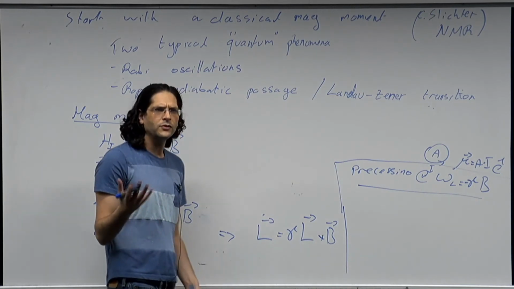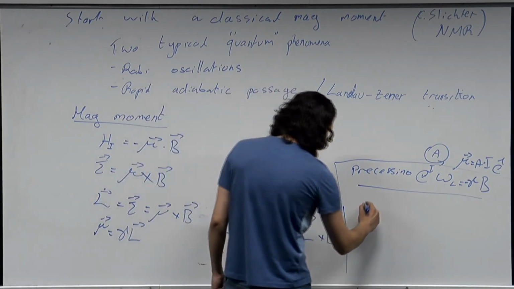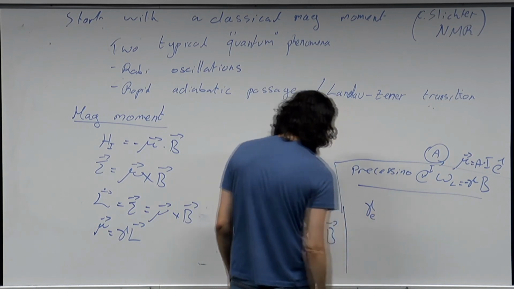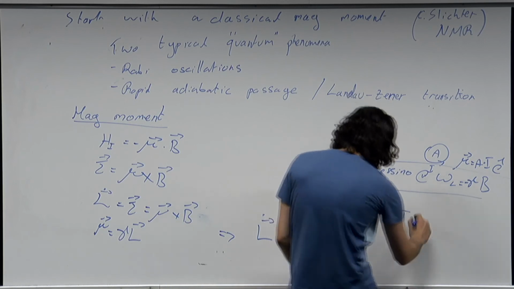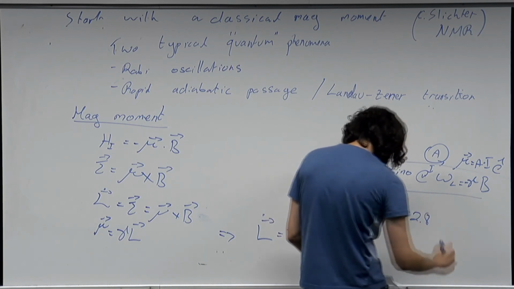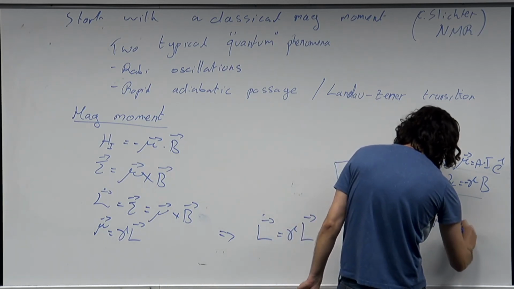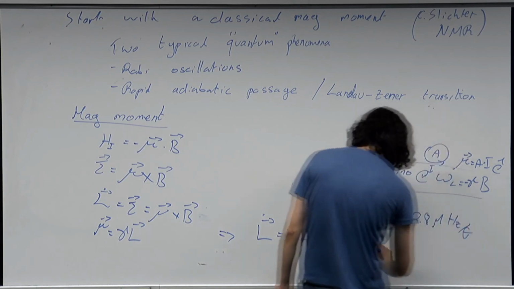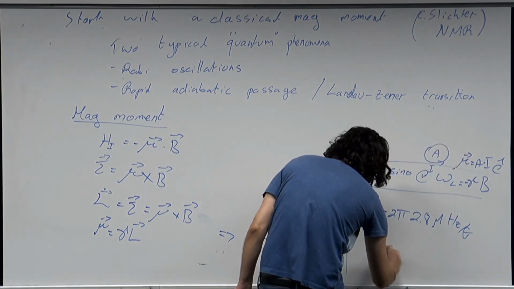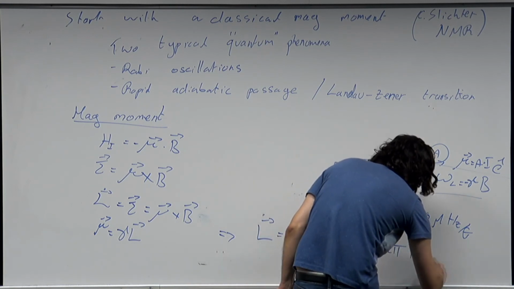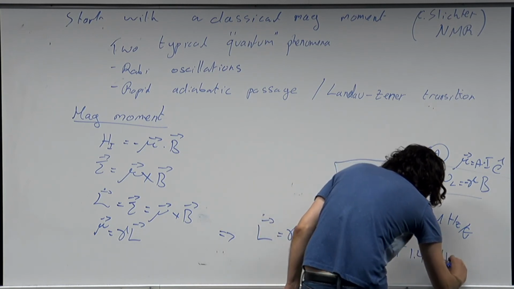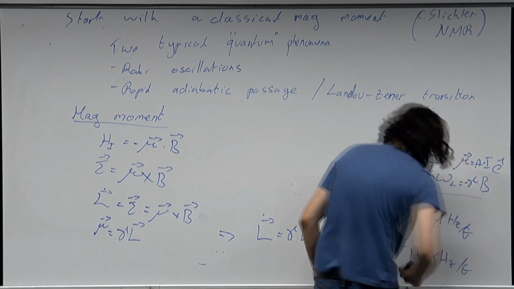And just to give you some numbers, for electron spins, gamma E comes out to be 2.8 megahertz per Gauss, and for protons, this is 1.4 kilohertz per Gauss.